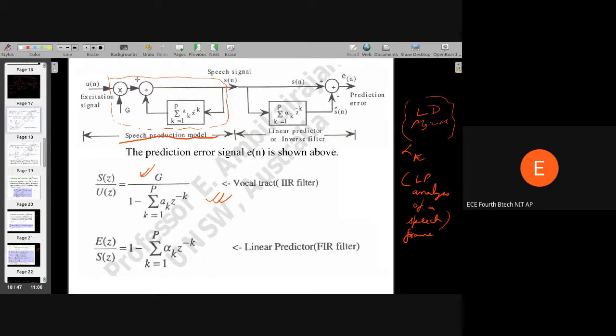And what we are trying to do now is: we have s-hat of n equal to summation of alpha k s of n minus k, where k equal to 1 to p.